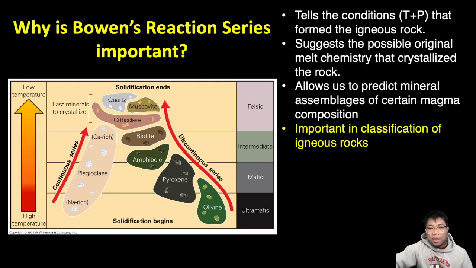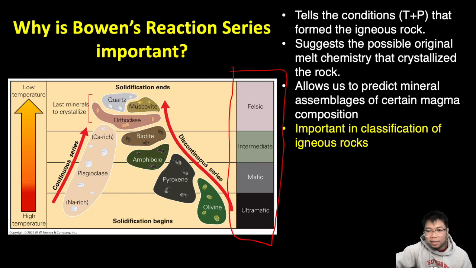All right, so again, why is Bowen's reaction series important? First of all, it tells us the temperature and pressure conditions that form the igneous rocks. Remember, these are the igneous rock types, and we're going to learn about the classification of igneous rocks later on in the next section. It also suggests the possible original melt chemistry that crystallized the rock.